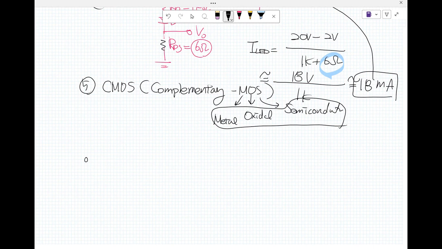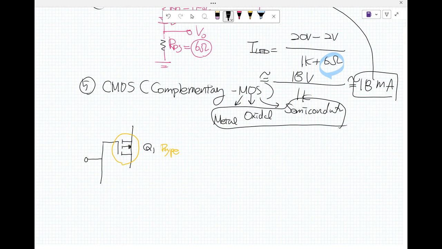That was really a simple circuit like this one. 1, 2, 3. Okay, now that was P-type. Q sub 1. This is the P-type.